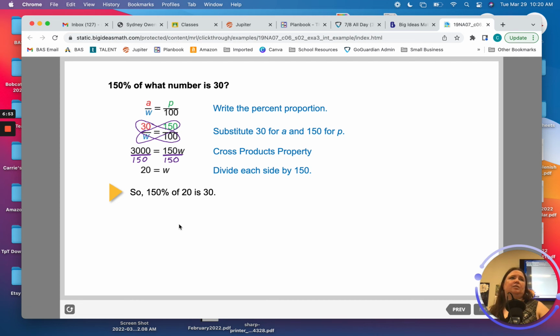It makes sense, because 20 needs to be smaller than the number, since this is over 100% of it. Why is it 3,000? 30 times 100, so there are 3 zeros. Then the 150 goes into it, and you can cross off one of the zeros, so it's 300 divided by 15, which is 20. That's W. Go do your next set.